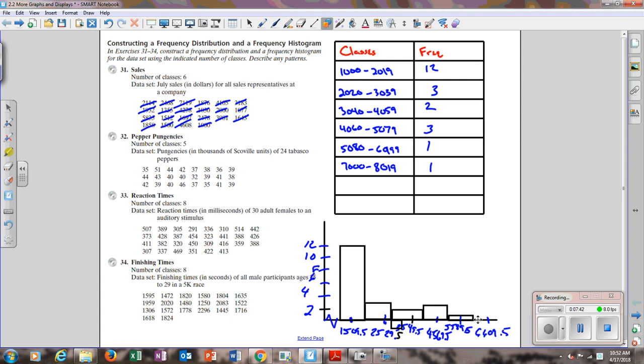And 1. And 1. Okay, so there's your frequency histogram and your frequency distribution. Kind of a lot of work, but it is what it is.